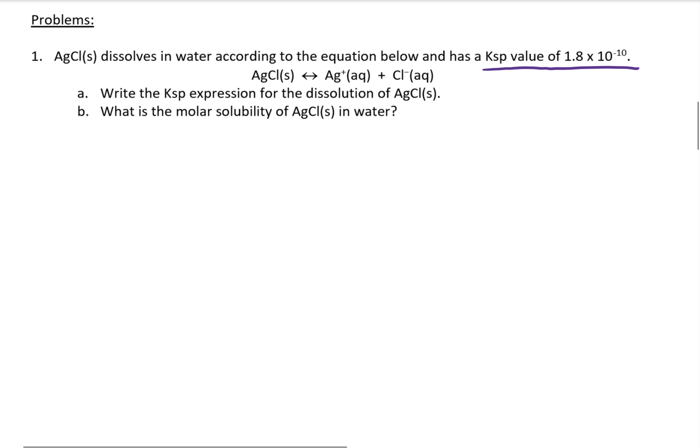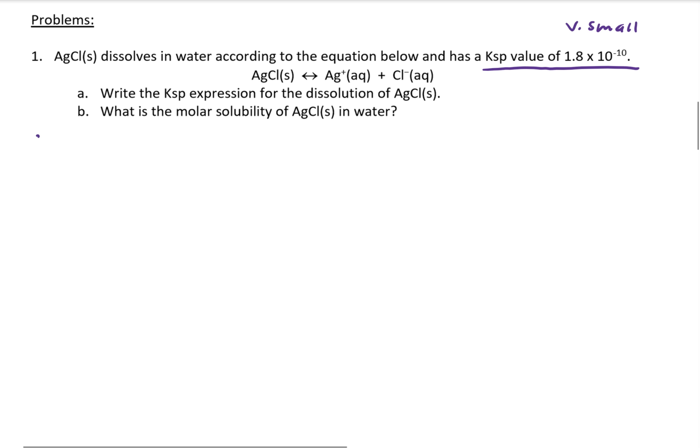Notice that this KSP value is 10 to the negative 10. That's very, very small. That's why typically we just say silver chloride is insoluble, none of it dissolves, because the KSP value is so small, really barely any of it dissolves. But technically a little bit of it is dissolving, and that's what we're going to calculate in this problem.